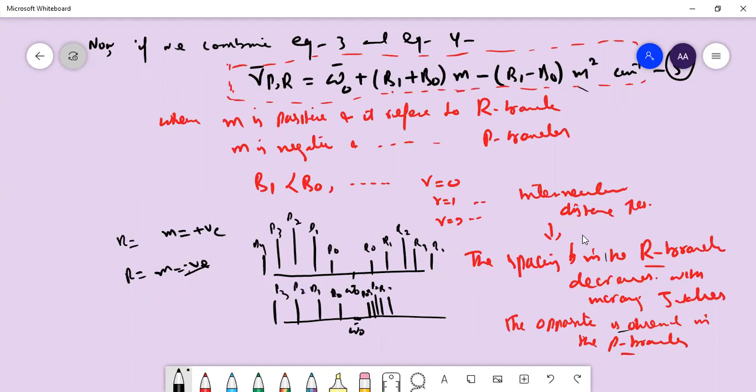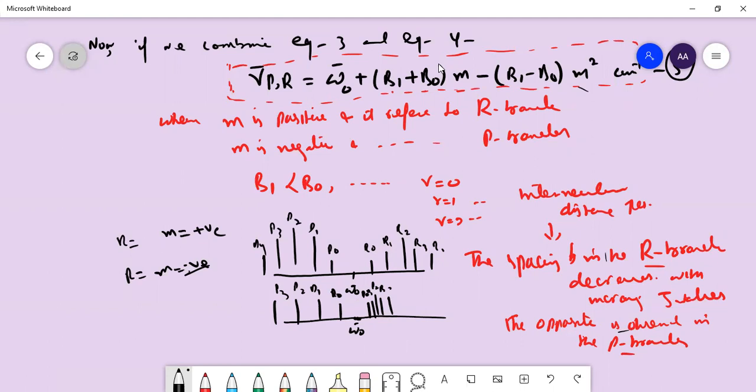So this is the net result of the breakdown of Born-Oppenheimer approximation. What we can easily differentiate from the spectrum is that if the lines on the right side, the R branches, are converging, and the lines on the left side are spreading out, this is the actual spectrum which we get for a molecule when there is a breakdown of Born-Oppenheimer approximation.